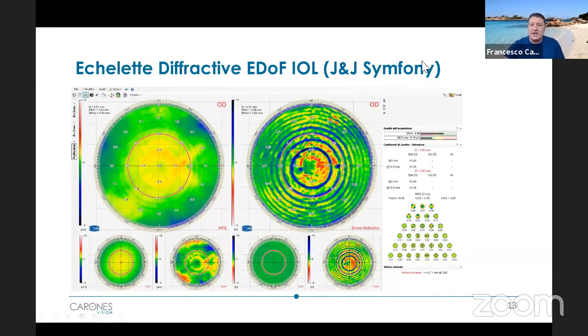So if you just look at the total amount of low order aberrations here in this area, you see again the lens looking pretty great. If you look at the measured aberrometry value in terms of refraction, you see the lens is set slightly myopic, or in this case, slightly hyperopic, so it's right there as a power.